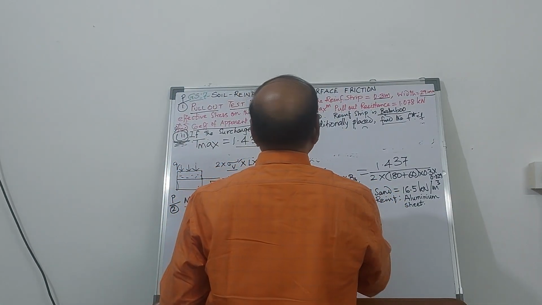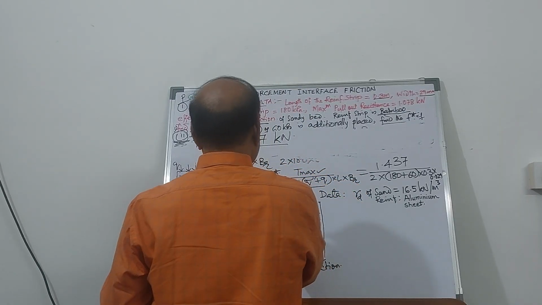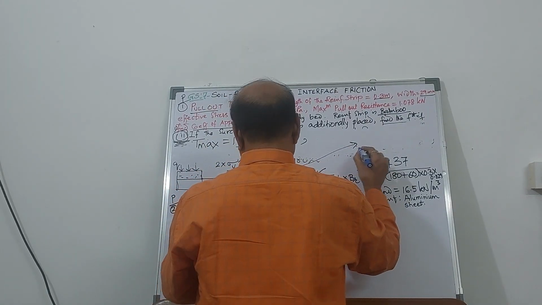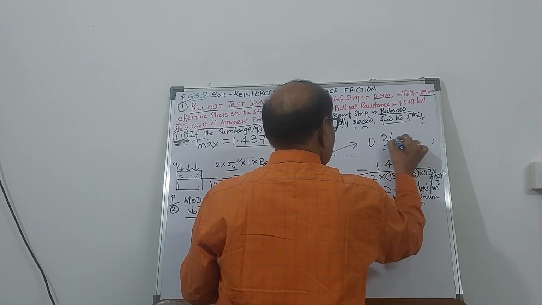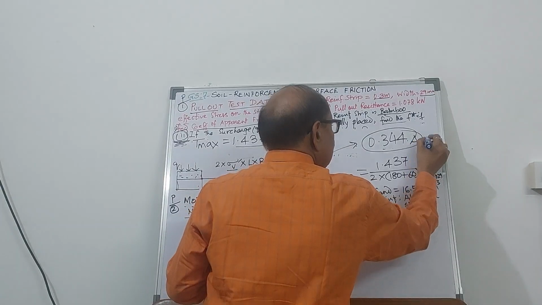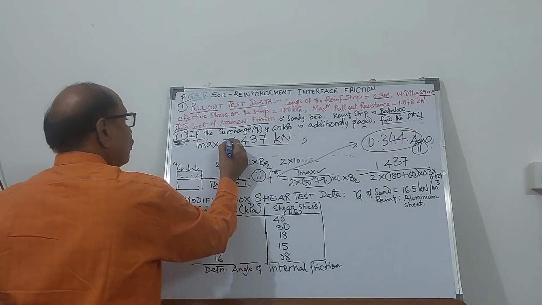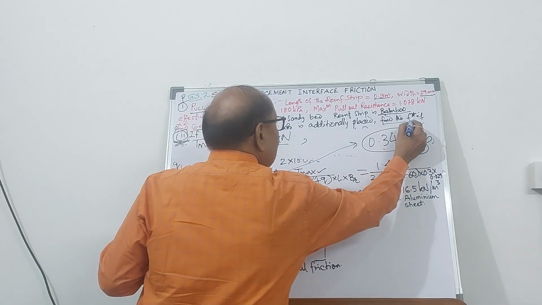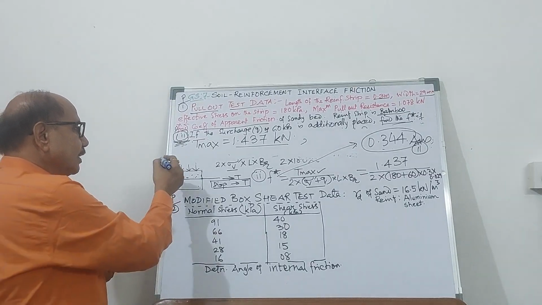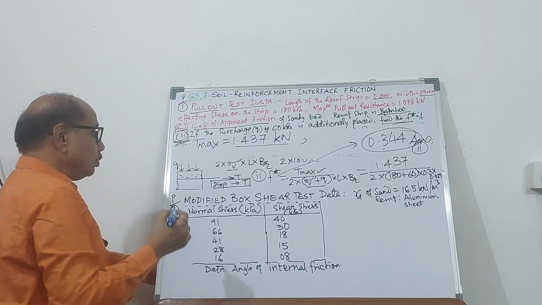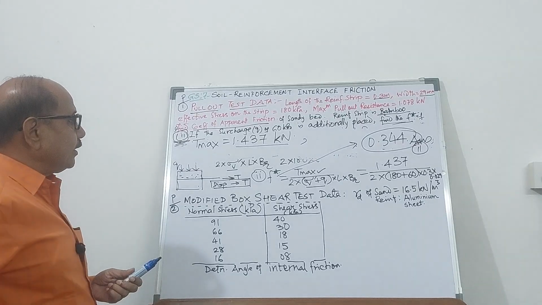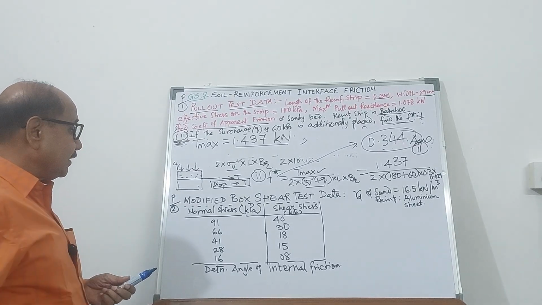So for the second part of the problem, the coefficient of apparent friction is 0.344. This is the answer for part 2. So you have found the coefficient of apparent friction for the given data. This is how you can attempt this kind of problem that is expected in any competitive examination.